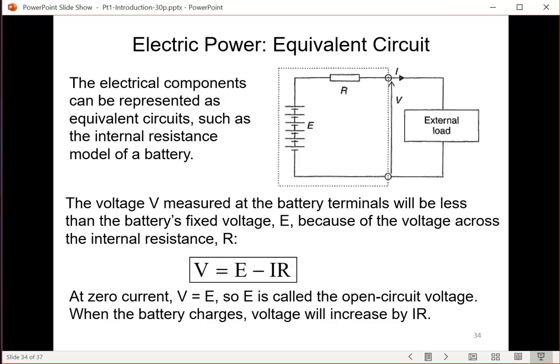Now also, if you look at that circuit, for which I've not written any equations here, is the energy or the power of each part. The power of the battery is E times I. When I equals 0, there's no power output. So E times I is the total power of the battery.